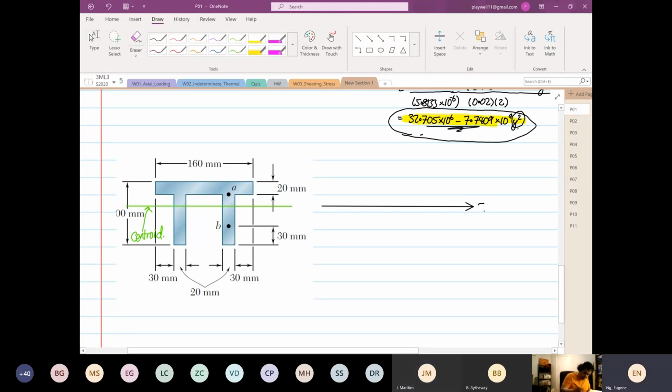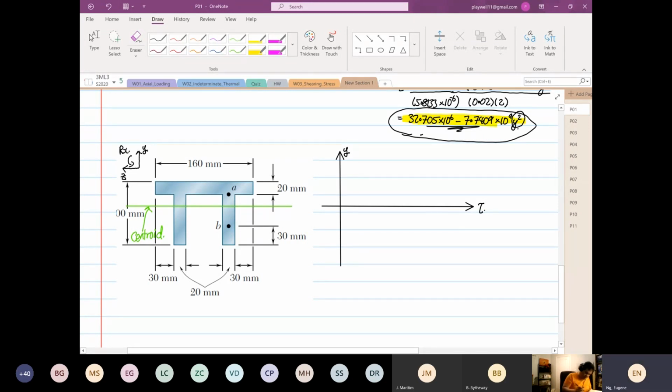And then we have our y. Okay, so if we were to draw transformation, this is y, this is z, and this is our rotation in the x.